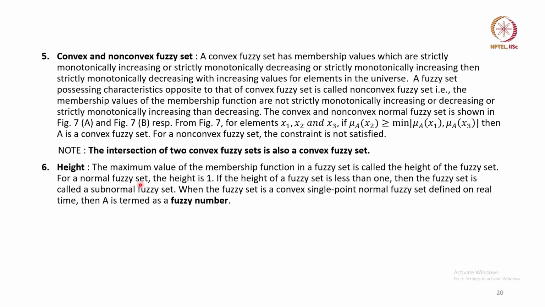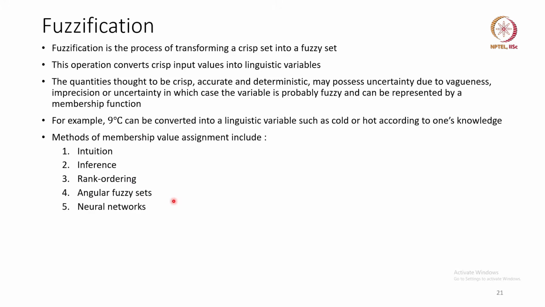But if the height is less than 1, then it is a subnormal fuzzy set. When the fuzzy set is a convex single point normal fuzzy set, it is termed a fuzzy number. These are some definitions we have to see in the membership functions.